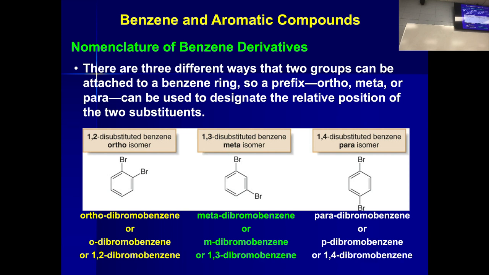If I have the bromines in a 1,3 relationship, we say that is meta. That is meta-dibromobenzene. And when we have them in a 1,4 relationship, 1, 2, 3, 4, we say that is para. That is para-dibromobenzene. Okay? So let's look at a couple of examples.